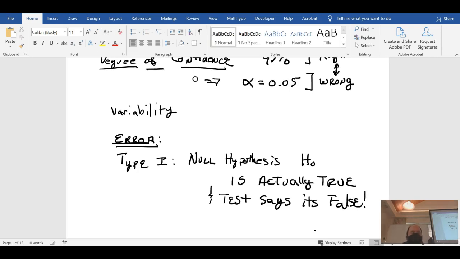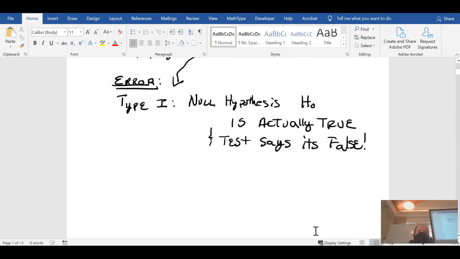So this is what we are calling alpha here. That's the probability of the type 1 error: the null hypothesis is true and the test says it's going to be false. Okay, type 2 is the other way around. All right, so type 2 is that H null is false and the test says it's true.